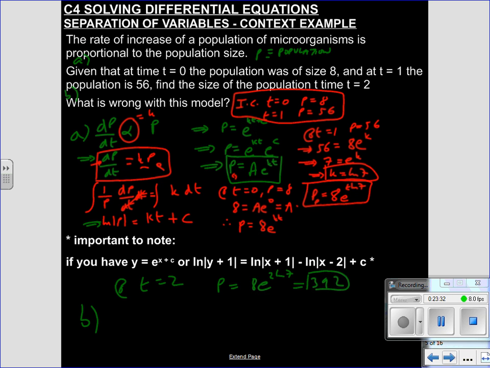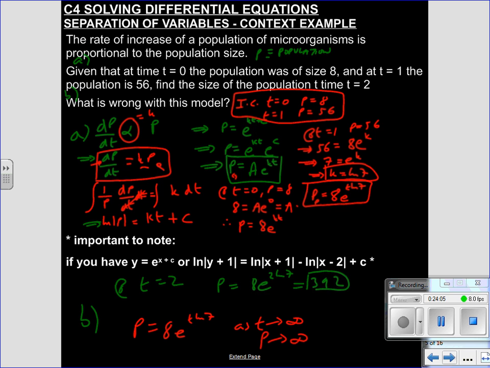Well, let's think about it. This is the last bit of this video, so let's think about it. Think about what happens to populations if time goes on forever. Do they just keep getting bigger? Because in our model, p is 8e to the t ln 7. As t gets bigger, an exponential function, so as t gets to infinity, can you see that your population is just going to keep growing?